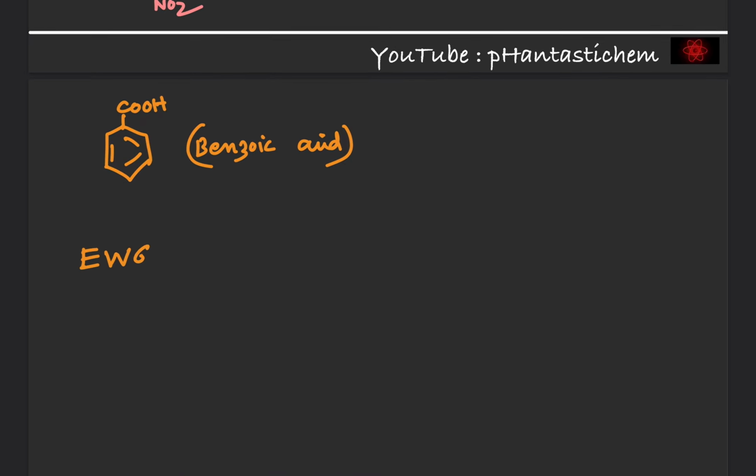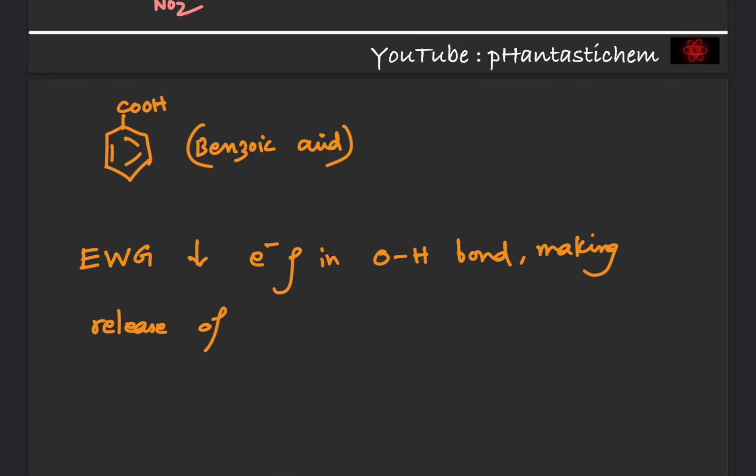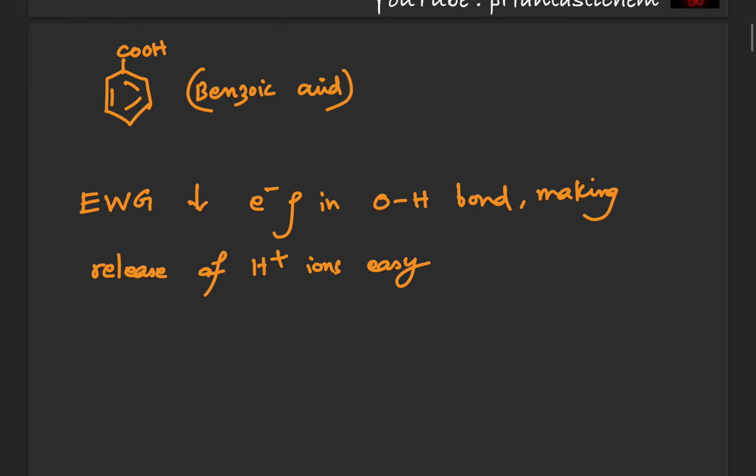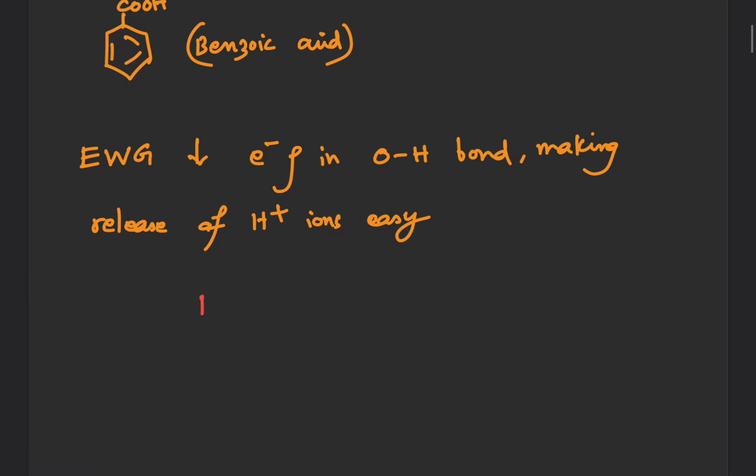Electron withdrawing groups decrease electron density in the OH bond, making the release of H plus ions easy.